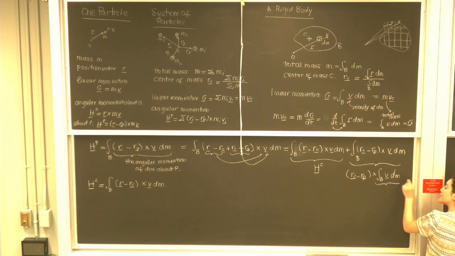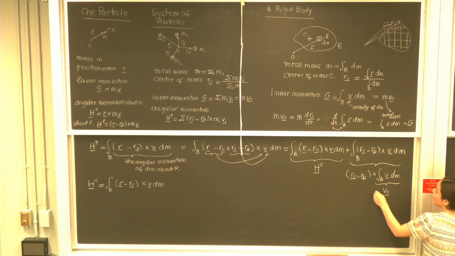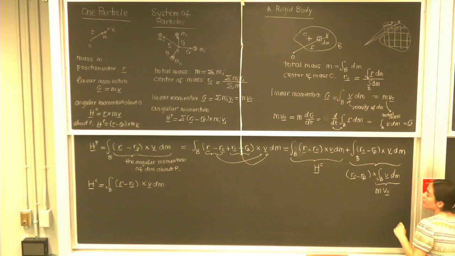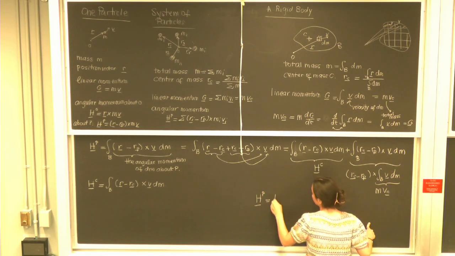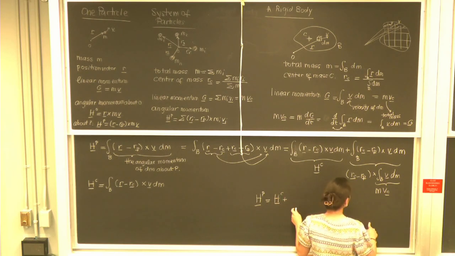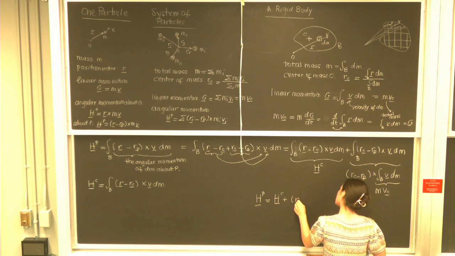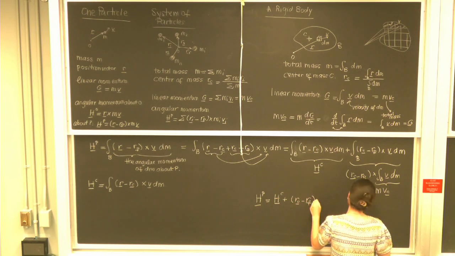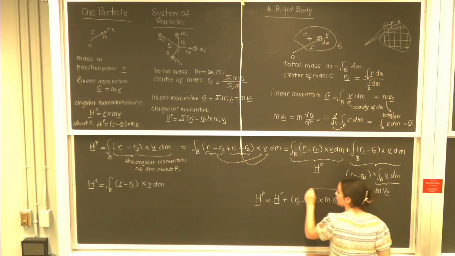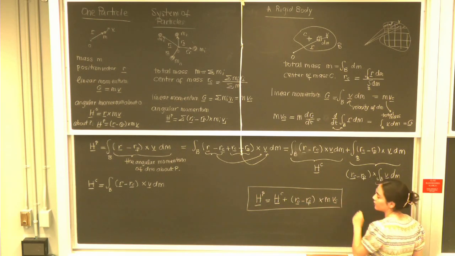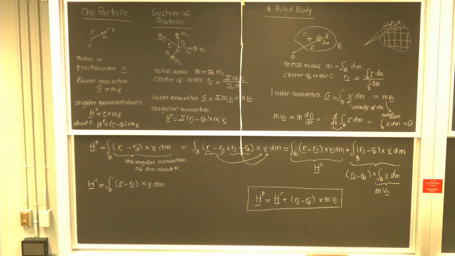What's the integral of v dm? Vc. M Vc, right? So then I have that HP is equal to HC plus rc minus rp cross m Vc. Right? Sounds good?